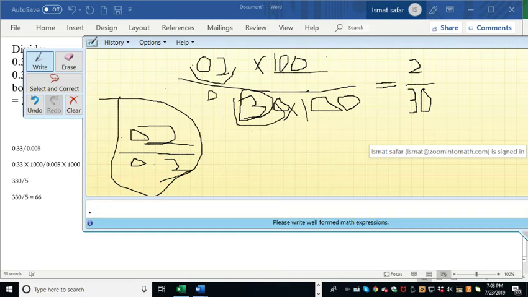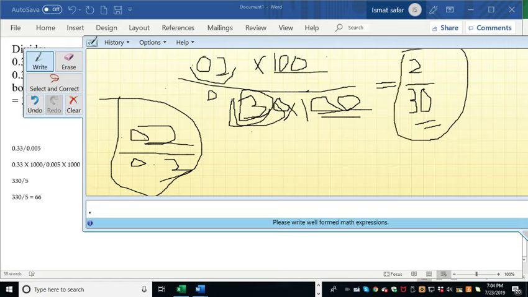Because we multiply by 100, we move the decimal point two places to the right, and 3 has only one location after the decimal point, so we add a 0 ourselves to make the number complete. So the answer is 2 divided by 30.